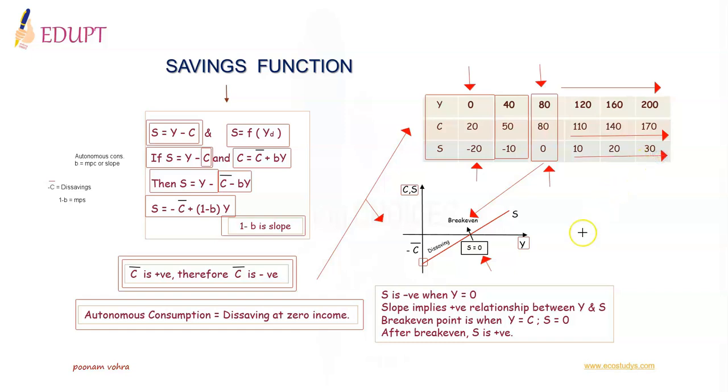So savings are negative when income is zero. Slope implies positive relationship between income and savings. Break-even point is when income and consumption are same or when savings are equal to zero. And after break-even point, savings are positive.